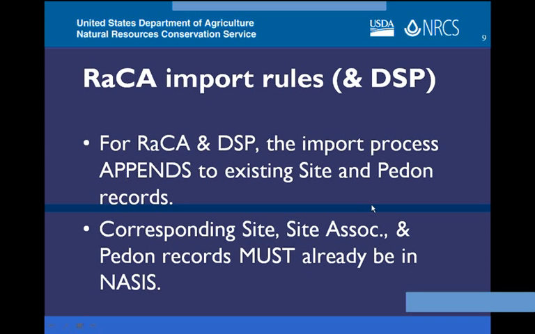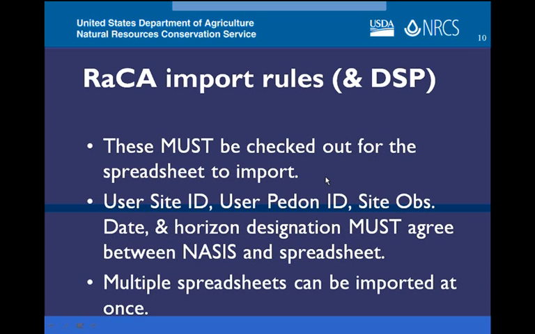Also, you have to have the site association record in there as well. Also, when you get ready to import these spreadsheets, those records have to be checked out, because when you import that data, you're editing those data records or adding to them. So in order to do that, they have to be checked out. So that means that whoever is importing the spreadsheet has to be a member of the same group that owns that site and pedon record in NASIS.